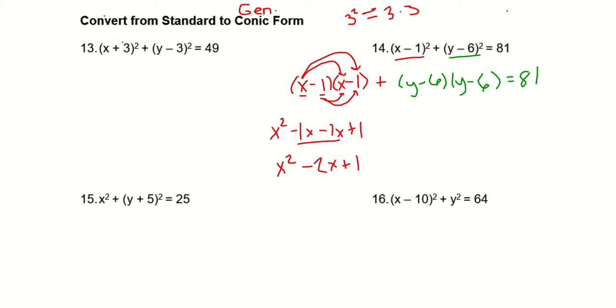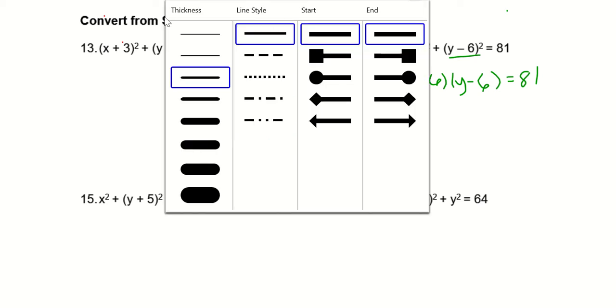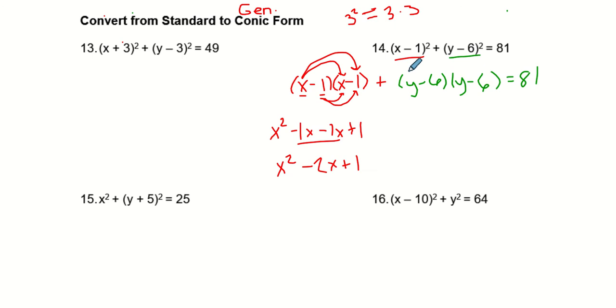So I'm distributing that, and I'm going to do the same thing with the y's. y times y is y squared. y times negative 6: again, this y multiplies by both of these. So y times negative 6 is negative 6y. And I do the same thing with negative 6. Negative 6 times y is negative 6y.